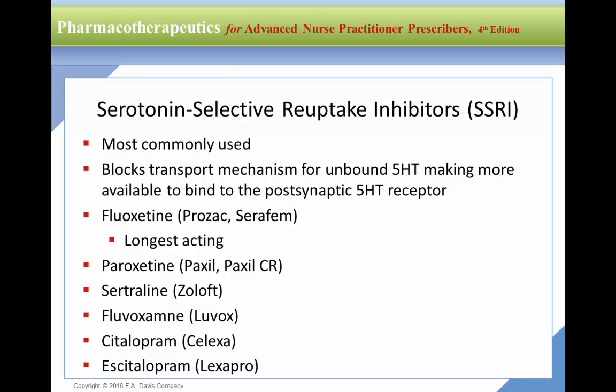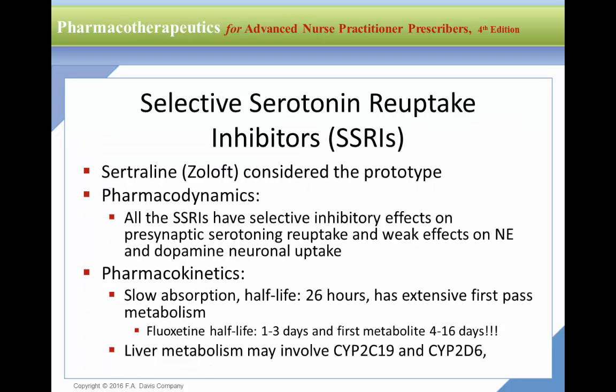They're the most commonly used, and they selectively block the serotonin reuptake, making serotonin more available at the level of the postsynapses. Your prototypes would be Paxil and sertraline Zoloft, so let's take Paxil and Zoloft as your prototypes.